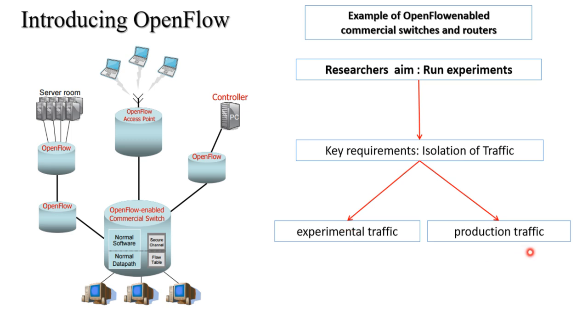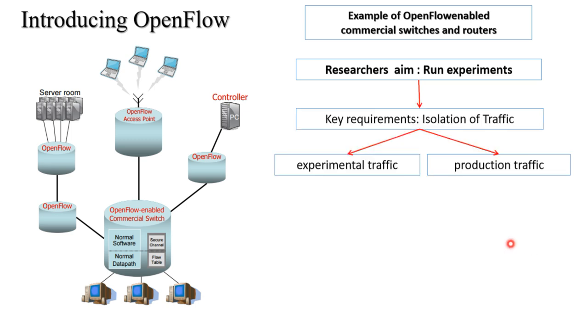To gain the trust of network administrators, it is essential to keep experimental traffic, the data used in experiments, separate from the production traffic, which is the regular data used by the network.